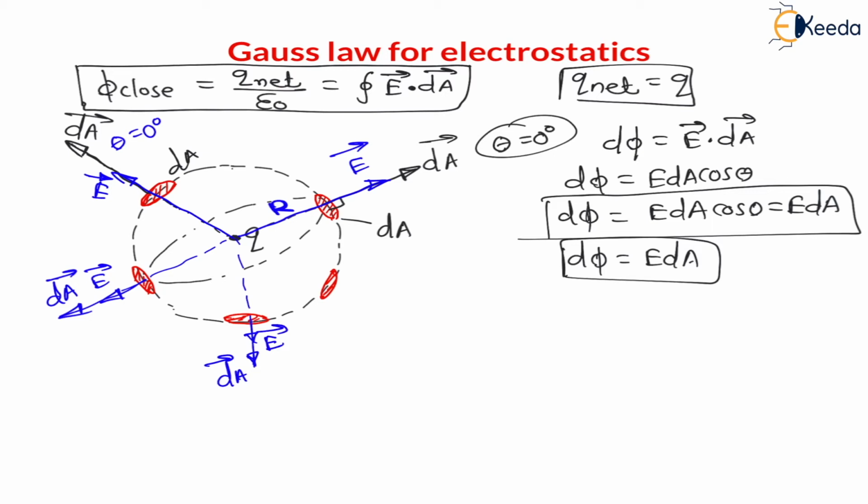Now let us check the magnitude of this electric field. E is equal to, we have seen, 1 upon 4 pi epsilon naught into q divided by r square. Now while considering the area, I have always considered this small area dA at radius r.